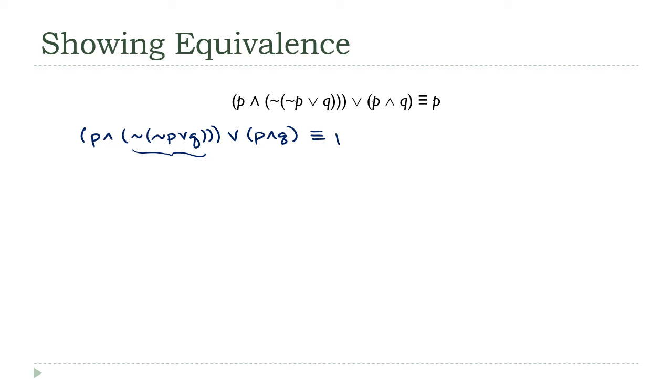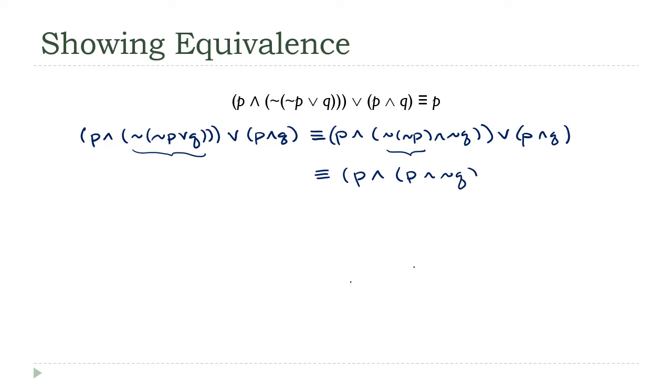So this is equivalent to P and P and not Q, or P and Q. Now I've got that double negative here on this bit. So this is equivalent to P and not Q, or P and Q.